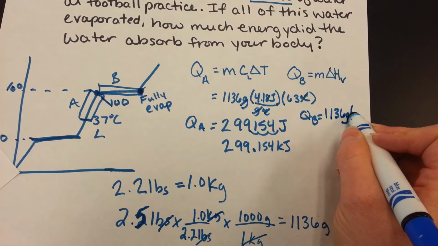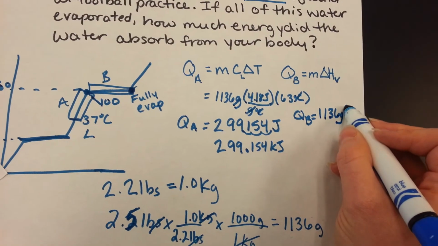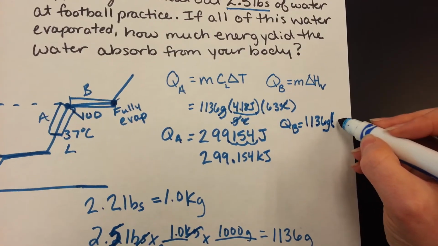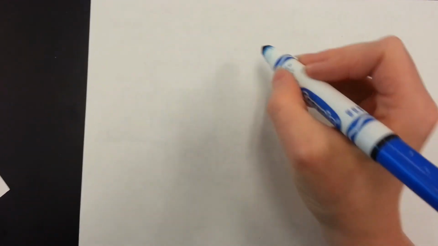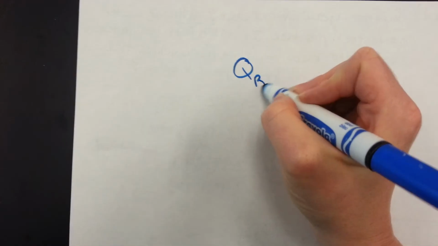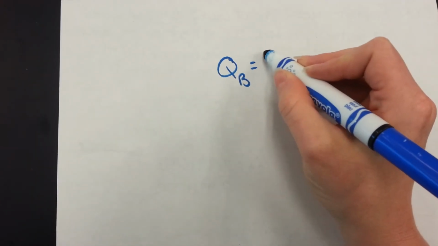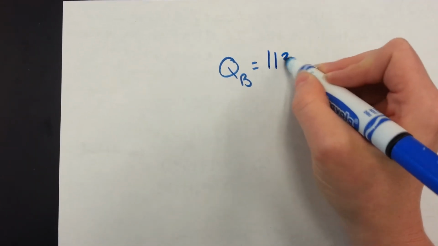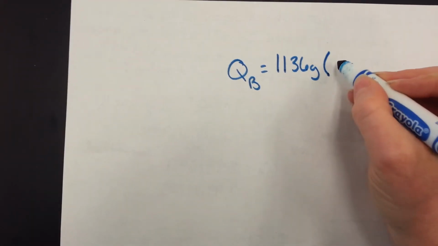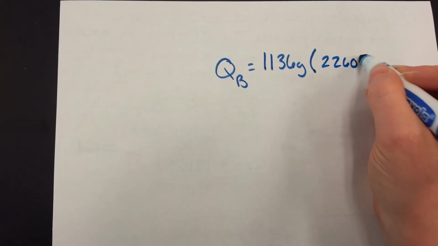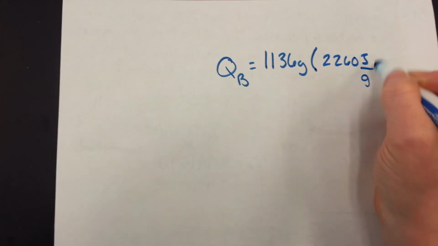And we're just going to multiply that by the heat of vaporization, which was our, let me rewrite this where we have more room. So our Q_B will equal our mass times the heat of vaporization, which we said was 2,260 joules per gram.